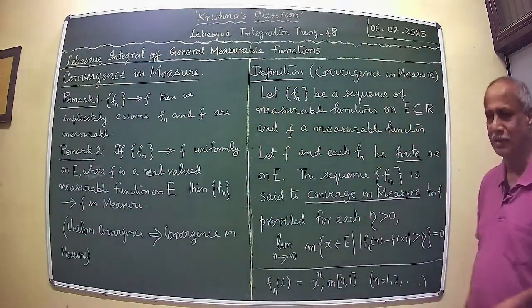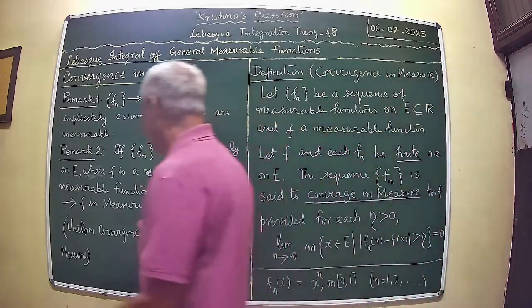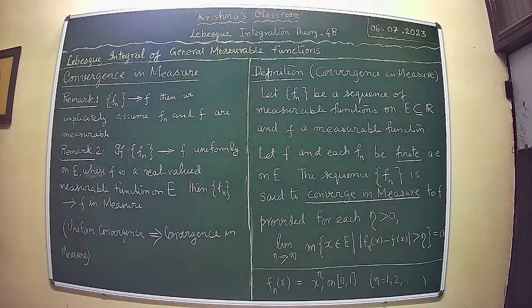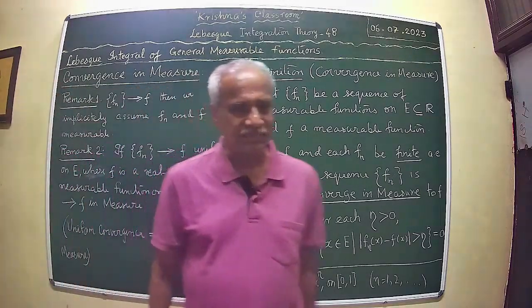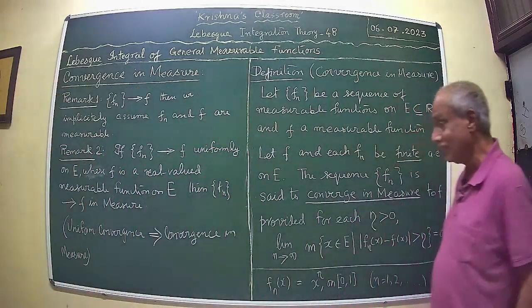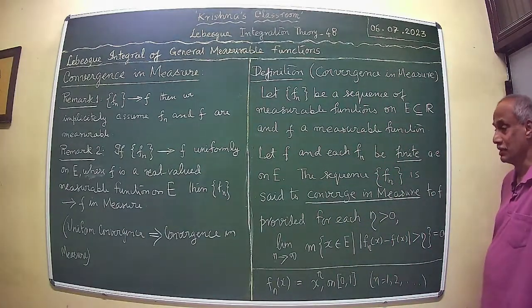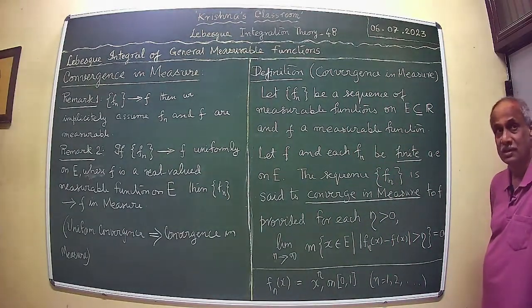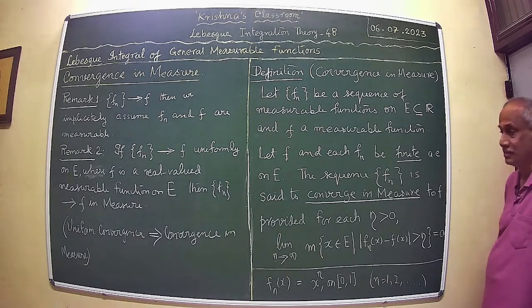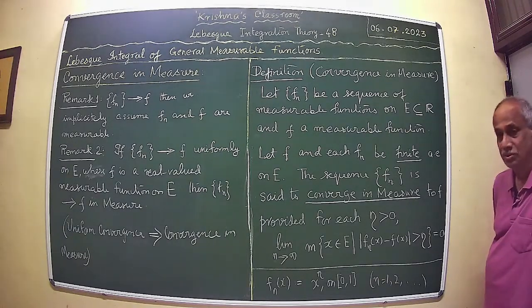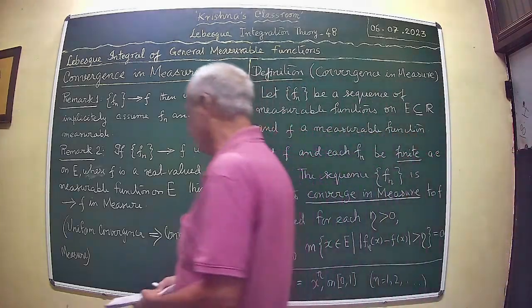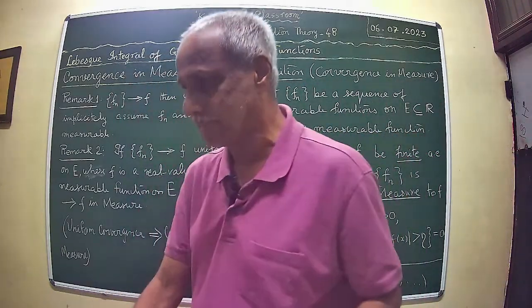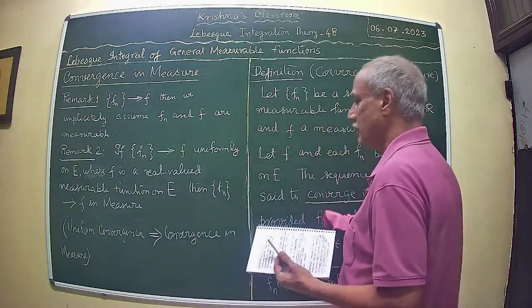You know that uniform convergence is a very strong form of convergence. Therefore, you naturally expect such things to happen. We already know that uniform convergence implies convergence pointwise, and also naturally convergence pointwise almost everywhere.